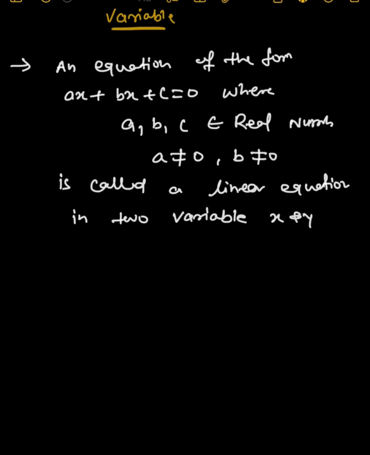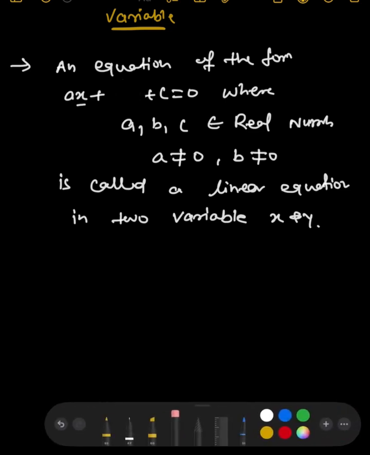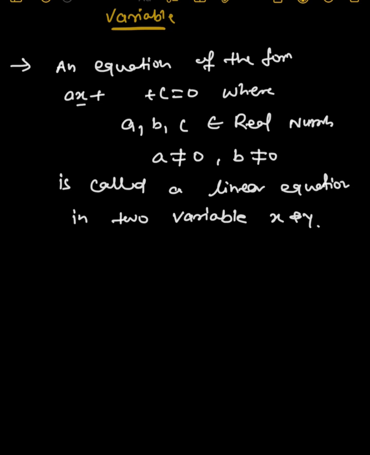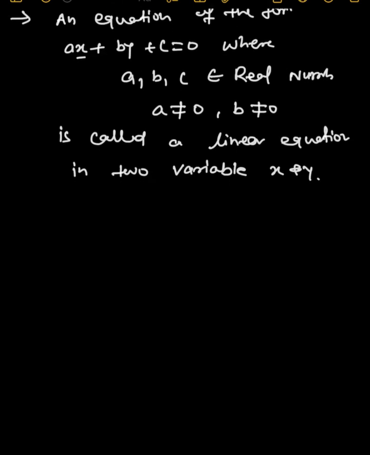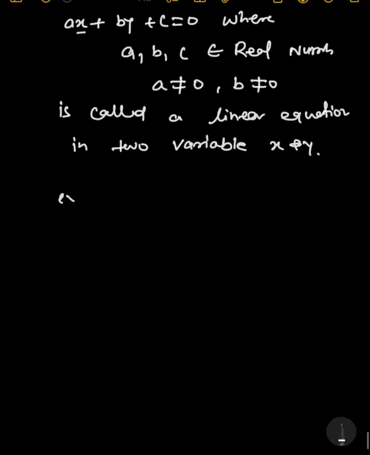x and y. Here variable is what? X and y. So x and y are the variable. For example, if we write like this, 3x minus 7y equal to 10.